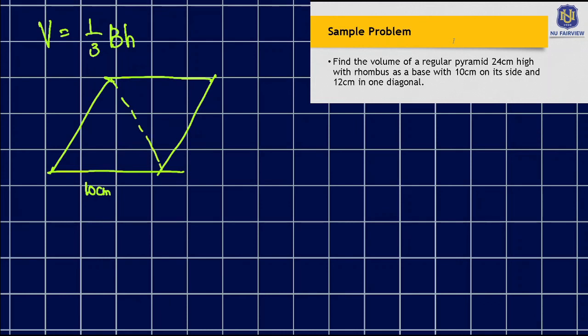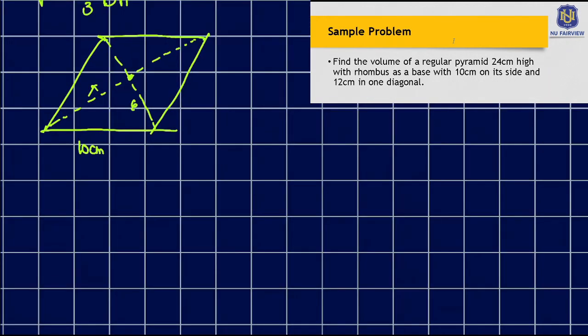Now, to find for the other diagonal, so ito yon. So, kung midpoint to, we have here 6. So, try natin kunin yung other diagonal. So, assign ulit natin siya sa x. Ilabas ulit natin yung ating triangle.